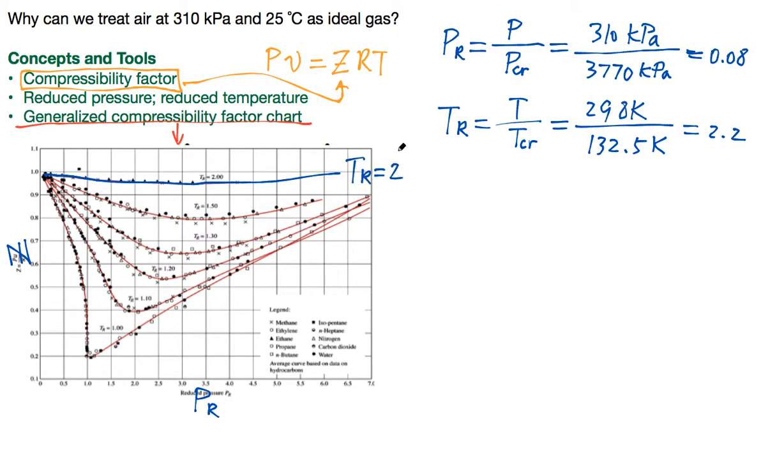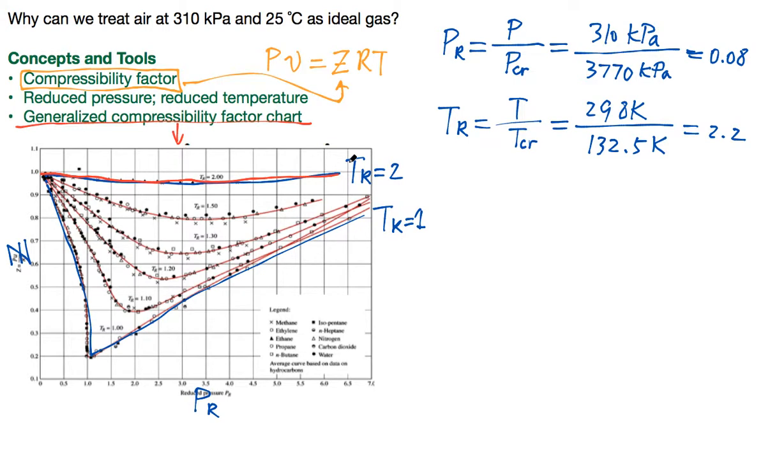And then the lower curves represent lower T sub r values. The bottom one represents T sub r equals 1. So we have a T sub r of 2.2, which means our curve should be slightly above the T sub r equals 2 curve. Let's just say that it's the T sub r equals 2 curve.